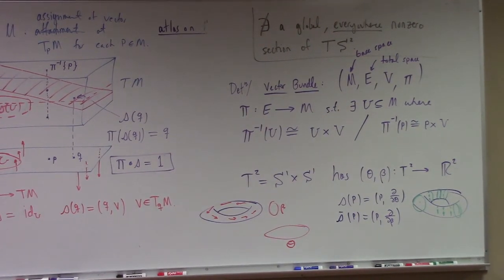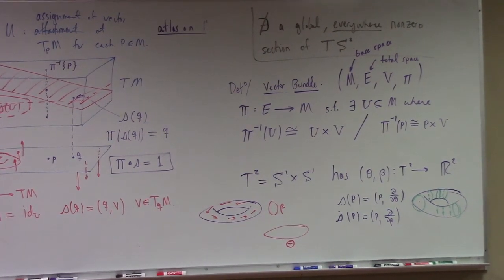So more generically, a fiber bundle is something like (M, E, F, pi). You've got pi going from your total space E to your manifold. The inverse image of a subset U of the manifold is diffeomorphic to U Cartesian product with F. But here, this is itself a manifold.